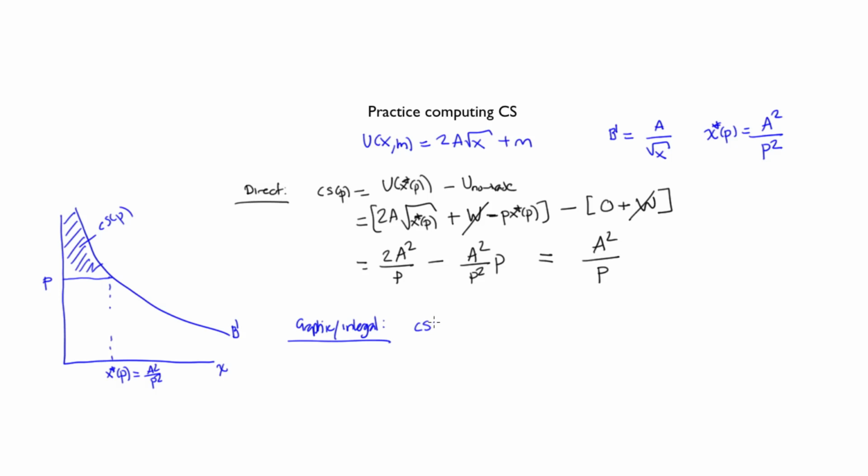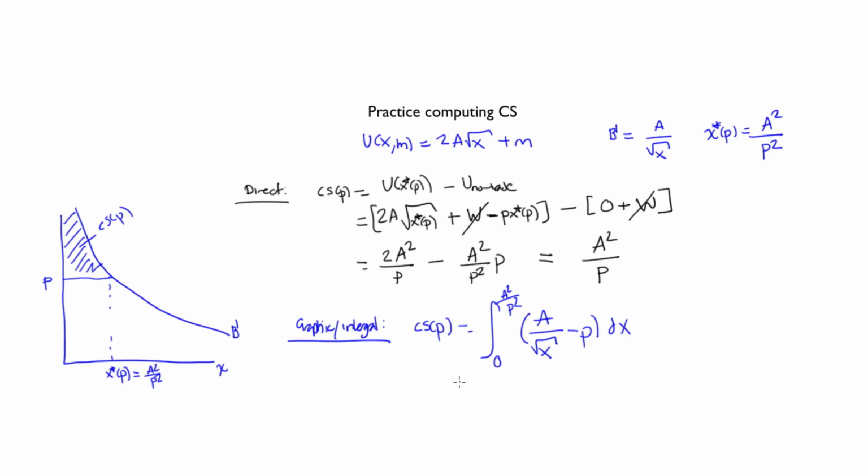The consumer surplus at p is going to be equal to the integral from 0 to the amount demanded, so from 0 to a squared divided by p squared, under the marginal benefit function and above the price p line, so over the function a divided by square root of x, that's the marginal benefit, minus p, dx.